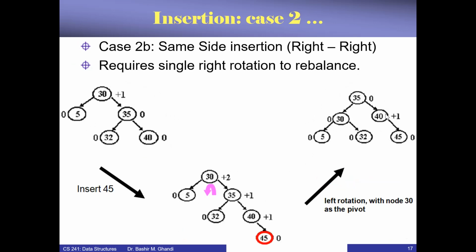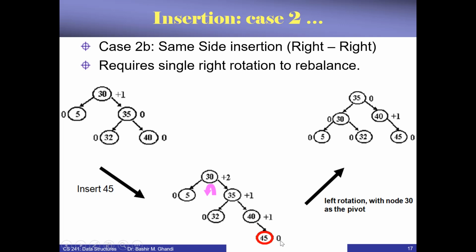Okay, second example. Suppose we have this tree and we insert 45. 45 will go all the way to the right of 40. So again, after insertion, there are 3 things you have to do.